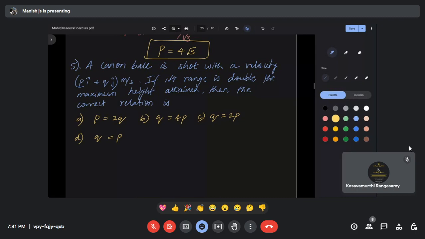You have a cannonball shot with a velocity. They have given you the velocity in vector form, where V bar is equal to p i cap plus q j cap, the unit being meters per second. And they've told you the relation, that the range is double the maximum height. They've given you a hint. Based on that, you will have to think and tell me what is the answer.